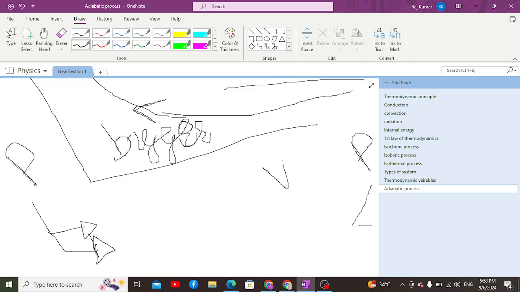And the third process is also utilized: adiabatic compression and expansion.